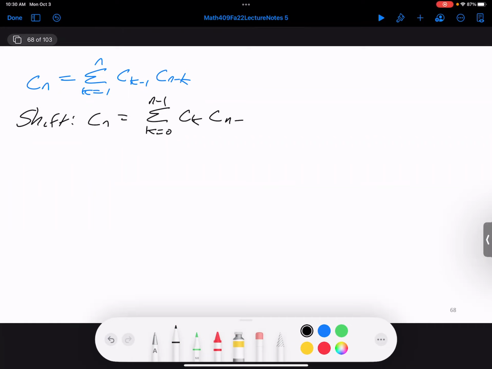Here we're using really bad notation. We're letting k equal k minus 1, so k goes from 1 to n; now k goes from 0 to n minus 1. Is this confusing? Would people rather use a different subscript? Let's use a different subscript rather than k. Let's use m.